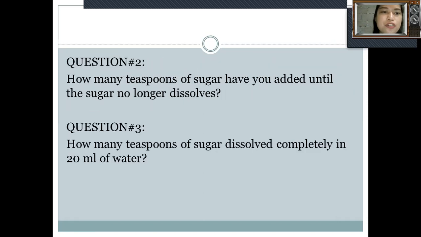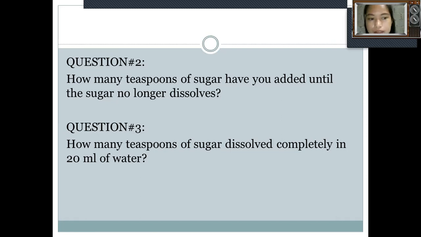So, for us to focus on procedure number 2, we must be reminded of question number 2. How many teaspoons of sugar have you added until the sugar no longer dissolves? So we're going to focus on how much sugar we put in the water until the sugar no longer dissolves. Question number 3.